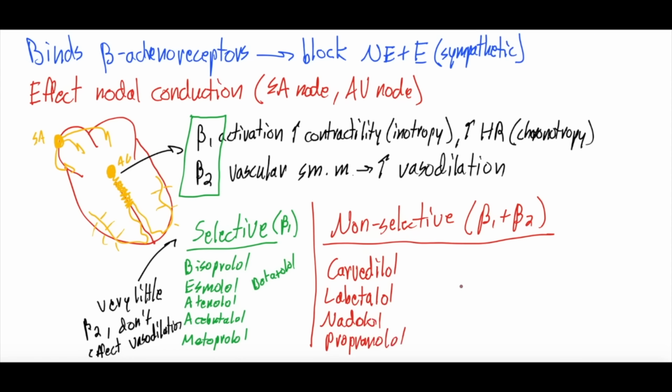I'll just list out a few more: sotalol, timolol. So these are non-selective. And what that means is that they can also lead to mild vasodilation. Now, don't be mistaken. The selective beta blockers can still affect blood pressure, right? Because it's decreasing contractility and heart rate, which can affect the blood pressure, especially contractility. But they don't have a direct effect on the beta 2 receptors in the vascular smooth muscle like the non-selective beta blockers do. All right?